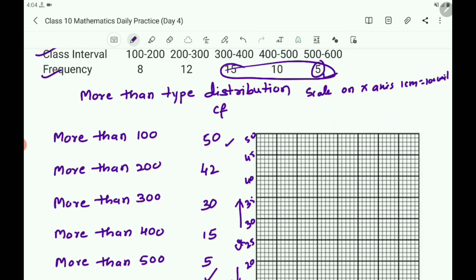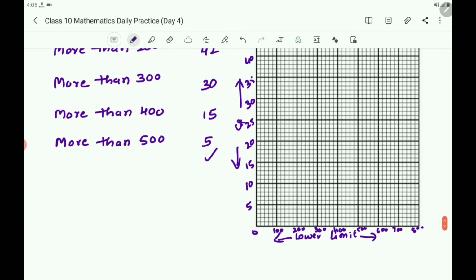And on the y-axis, 1 centimeter equals 5 units of CF. Then here I have taken 0, 100, 200, 300.